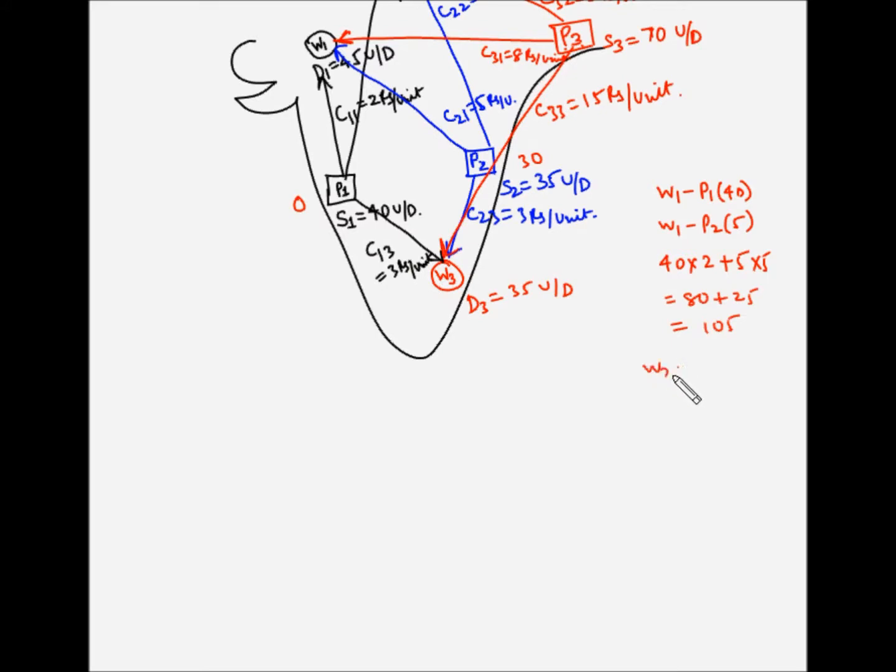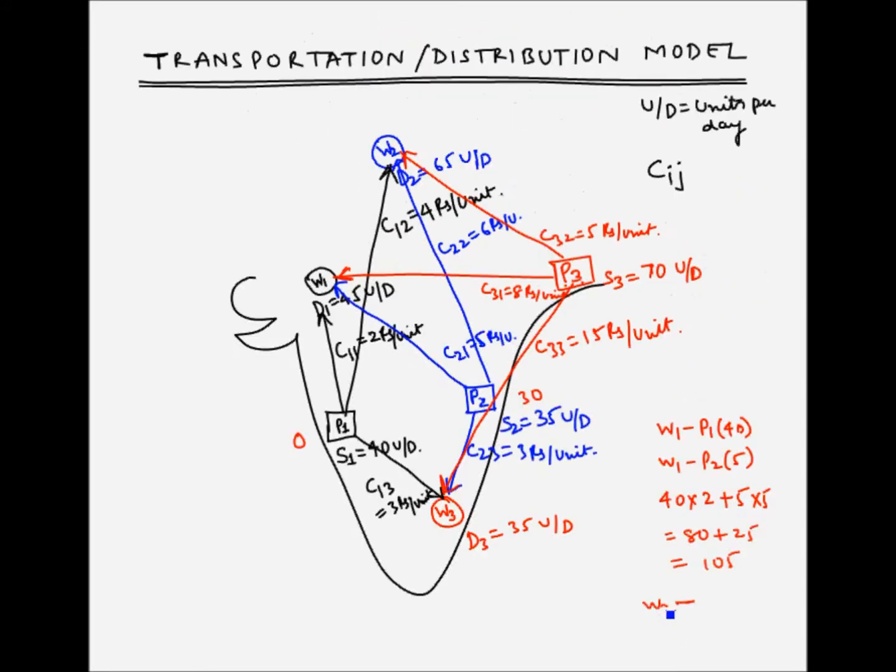So W2 is getting the material from P3 and the quantity is 65. So the cost is 65 multiplied by 5, which is equal to, 5 5s are 25, 2 carry over, 6 5s are 30 plus 2 is 32, so 325 rupees.